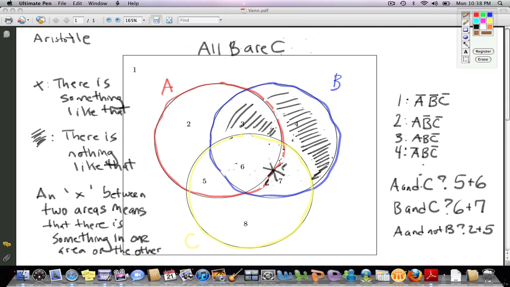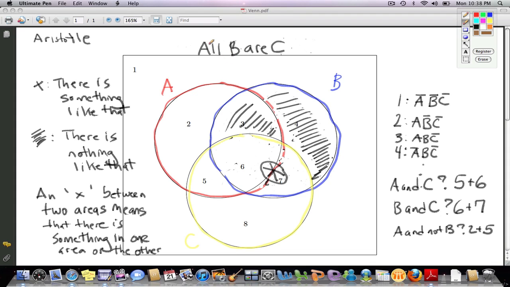To note that this is just there on Aristotle's interpretation, I'm going to leave the book to cover the theoretical reasons why we might want to withhold here. We put a circle around that X that goes in area 6 and 7.